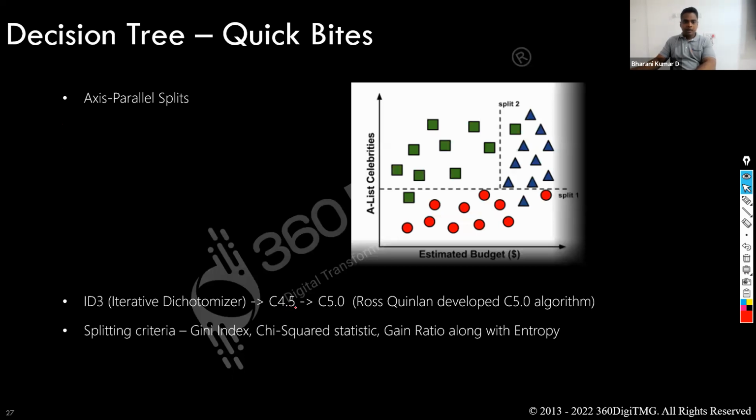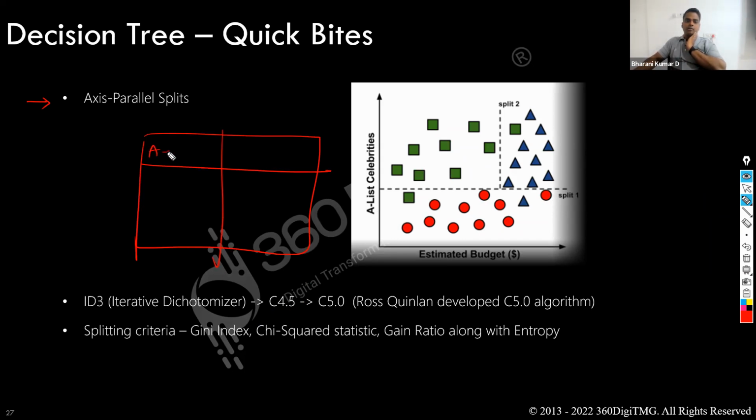Okay. There are certain disadvantages with decision tree. The first disadvantage is that it has axis parallel splits. Meaning, say there are two variables or features that you have. One is A-list celebrities, and the next thing is estimated budget.